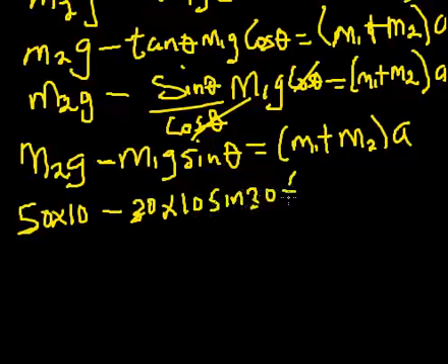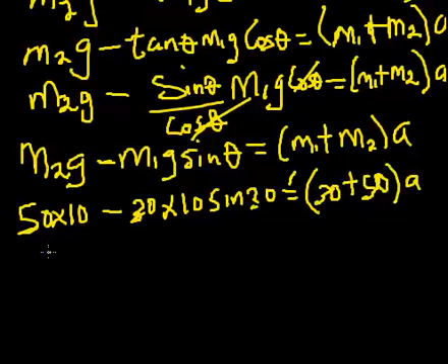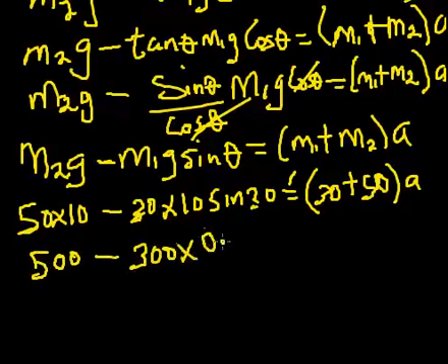So equal to M1, 30 plus 50, multiplied by A. So this is going to be 500 minus 30 times 10, that's 300, 300 times 0.5. So this is going to be equal to 80A.